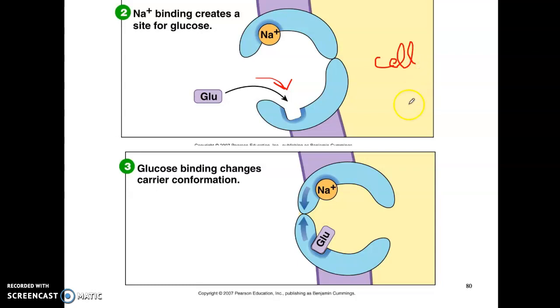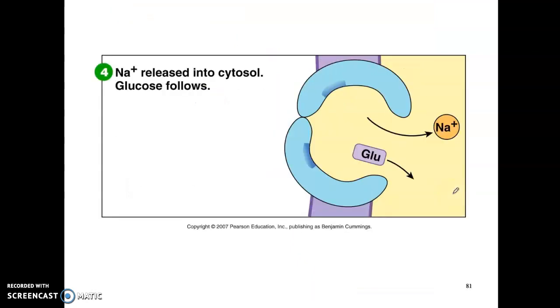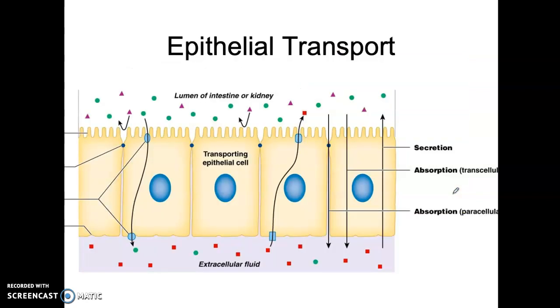I can write that, into the cell end. Here we go. Now sodium is released into the inside of that cell, the cytosol, and glucose is going to follow. So that's a brilliant way to bring this large molecule in without using ATP.